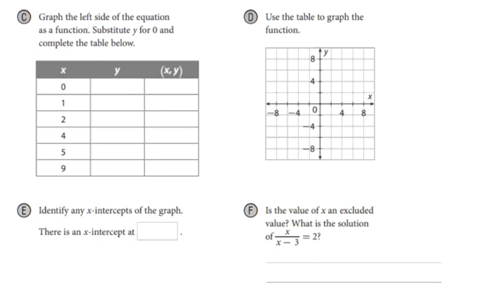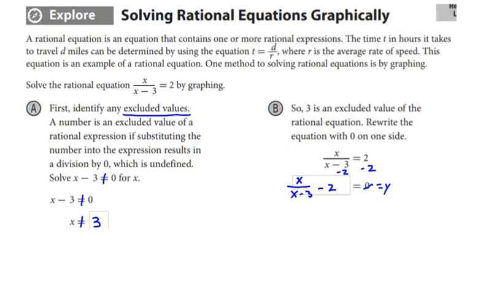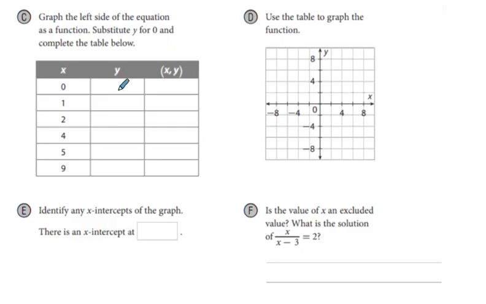So if we take this equation here and substitute in 0 for x, we're going to have 0 over 0 minus 3, minus 2. Well, that's going to be negative 2. So our xy coordinate pair is 0, comma, negative 2. And then likewise, we go about it for these other input values.